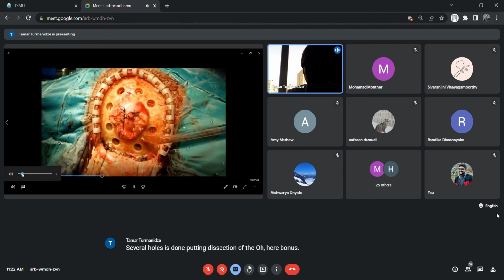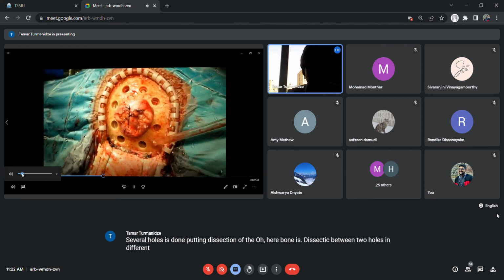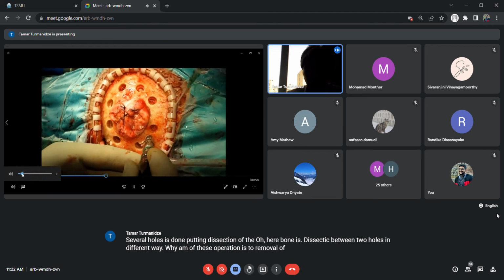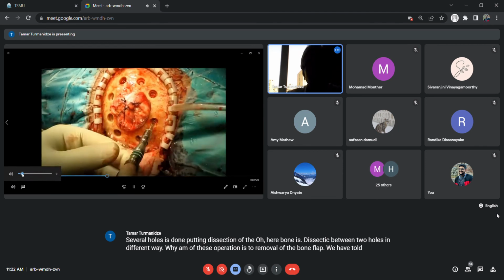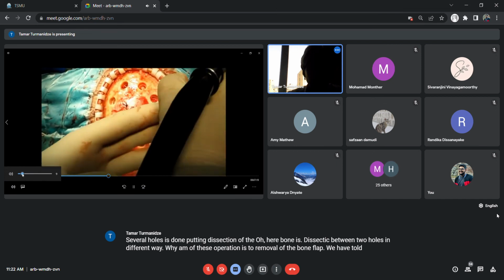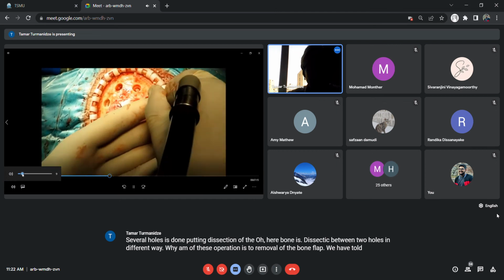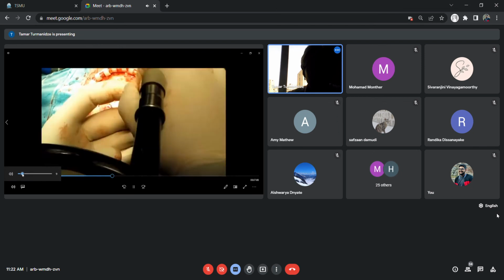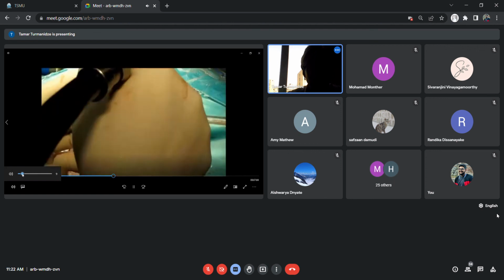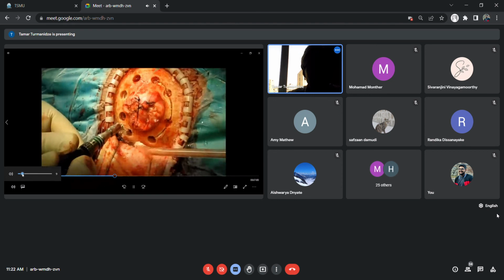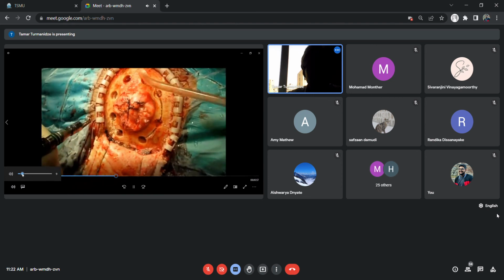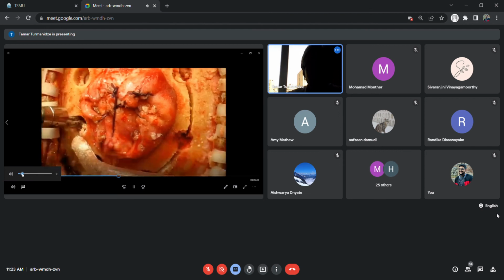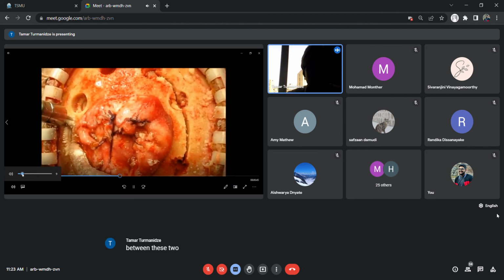Here the bone is dissected between 2 holes in different way. The aim of this operation is removal of the bone flap, we have told. Between these 2 holes the bone is dissected.